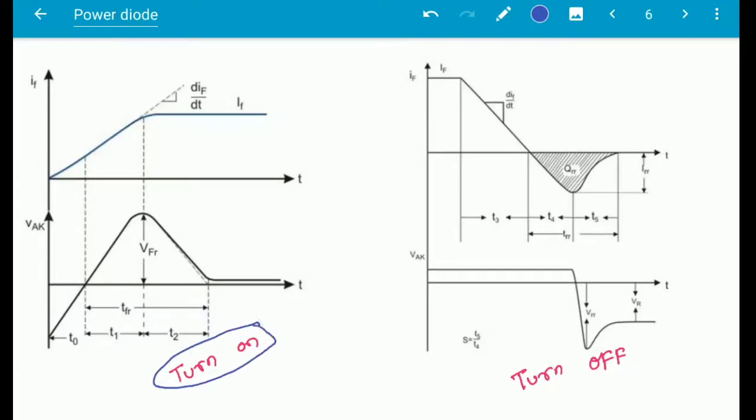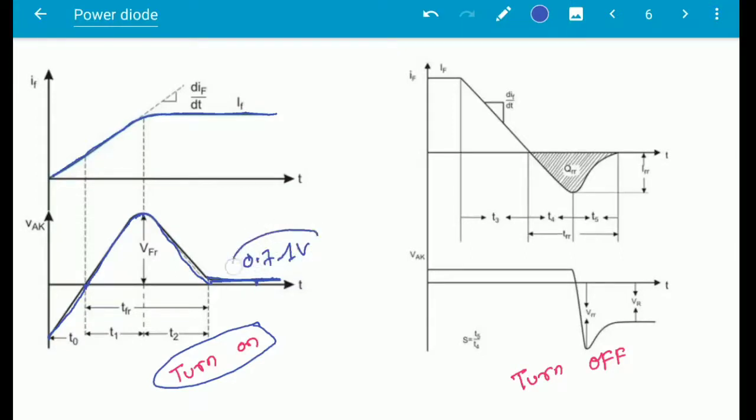If we increase the voltage across the diode in forward bias manner, that means from reverse to forward, then at the maximum voltage, that is VFR, it will conduct current to the maximum, and then the voltage will decrease as it conducts current and settle at a constant value, which is generally 0.7 to 1 volt.